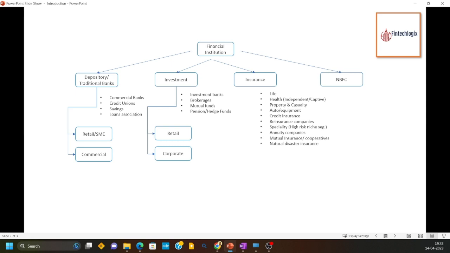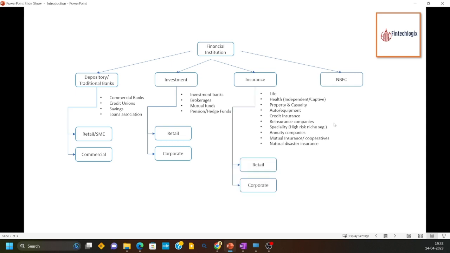Policy holders form a group, and they create an arrangement that insures them in case anything happens with one or multiple policyholders involved, right? And the last but not the least is natural disaster insurance. You would have heard about flood insurance and all, right? So those come under the natural disaster insurance category.